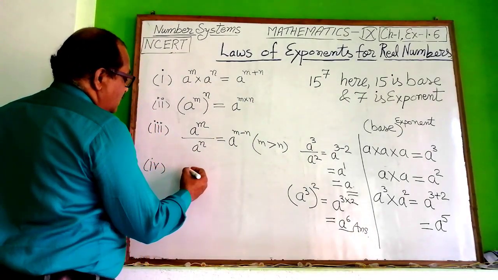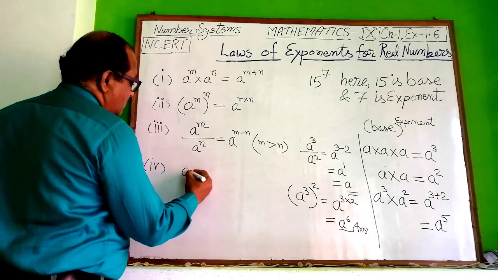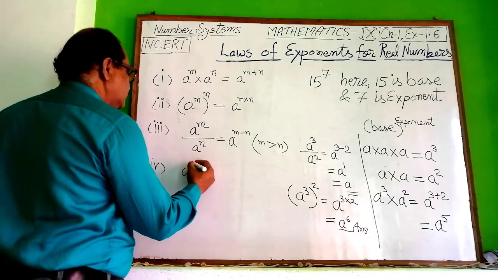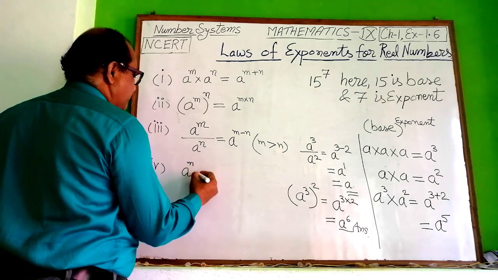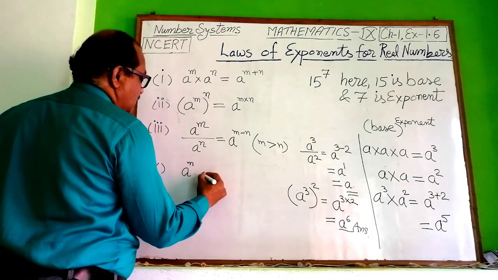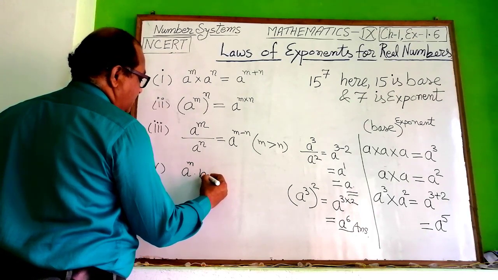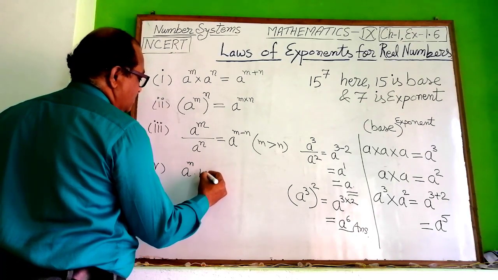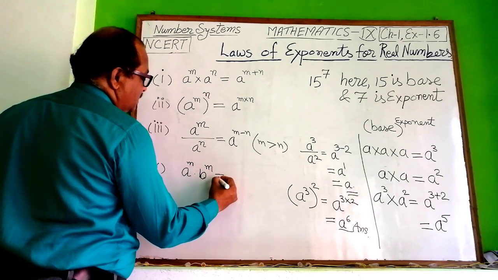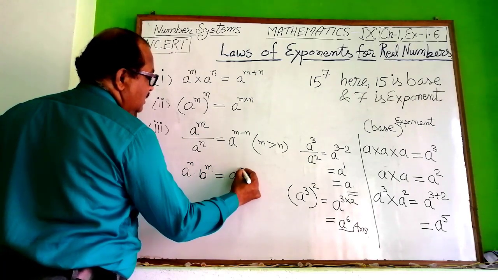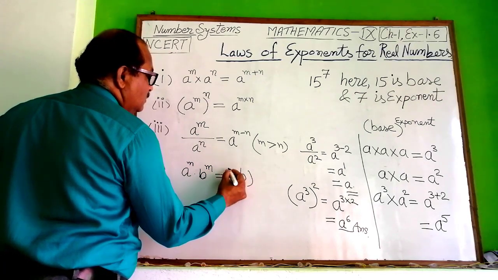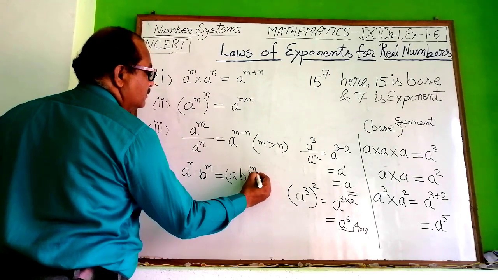Now come to see the last, fourth law, a to the power m into b to the power m. This can be written as ab whole to the power m.